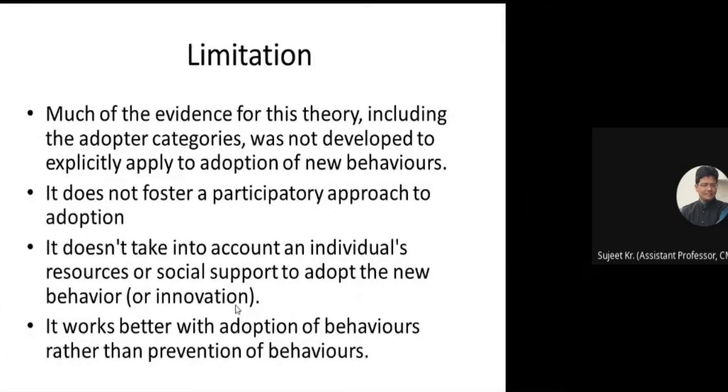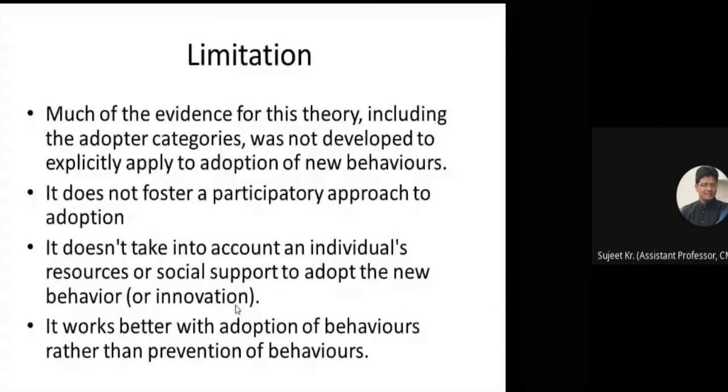This theory is also applicable to behaviors, how to change behavior, as there are certain social problems also where we want people to change their behaviors. Whether this theory will be applicable to this also, you cannot say with conviction, because this is not applied.